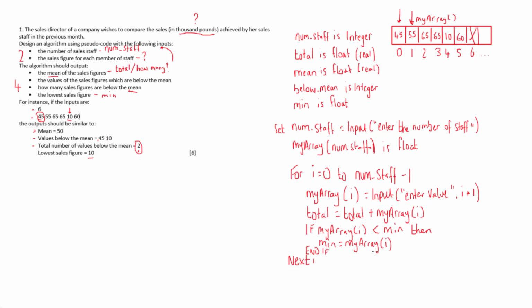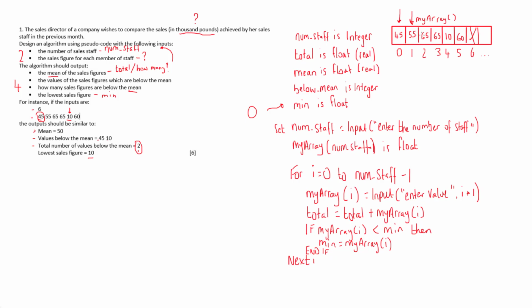Okay? Now this is going to cause us a problem. So think about the logic of this. My array, so it'll say, the first time through this, it'll say if 45 is less than whatever's stored in minimum. Now if you look at it, minimum, when you declare this as a float, its default value is going to be 0. Okay, so it's saying, is 45 less than 0? Well, it's not, is it? Is 55 less than 0?